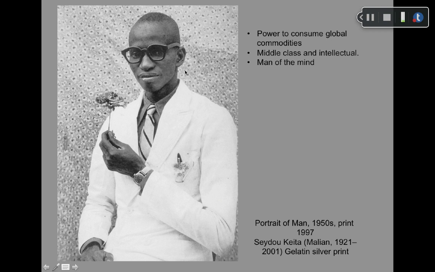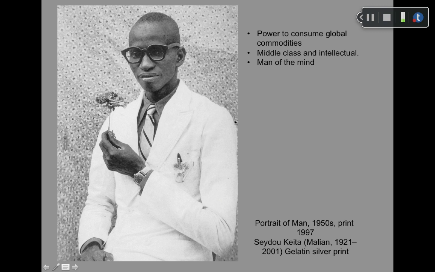He's got the wide black rimmed glasses, a short cut hair, this amazing tight suit. And all of this is really just to show off his power to consume global commodities, right? Perhaps this is a French suit, maybe it's a European suit of some sort.